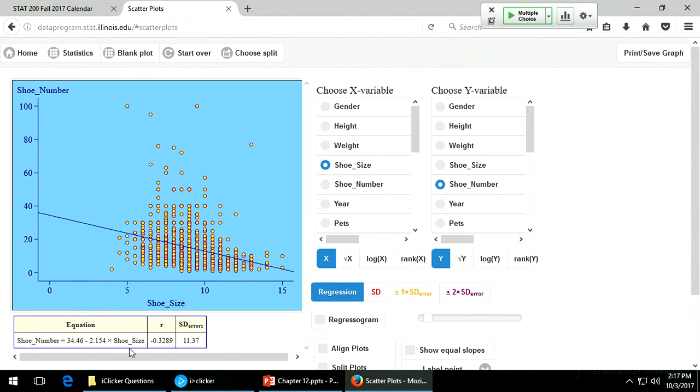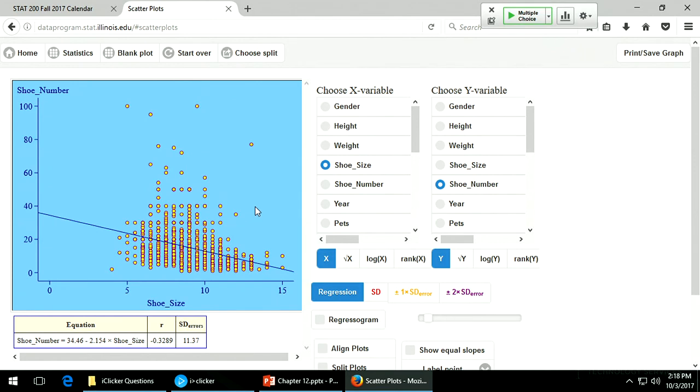Basically it says that for each extra pair of shoes you own, you typically, on the average, buy about 2 fewer pairs of shoes, 2.154. All right? So that's what we had, and we said, why would that be?